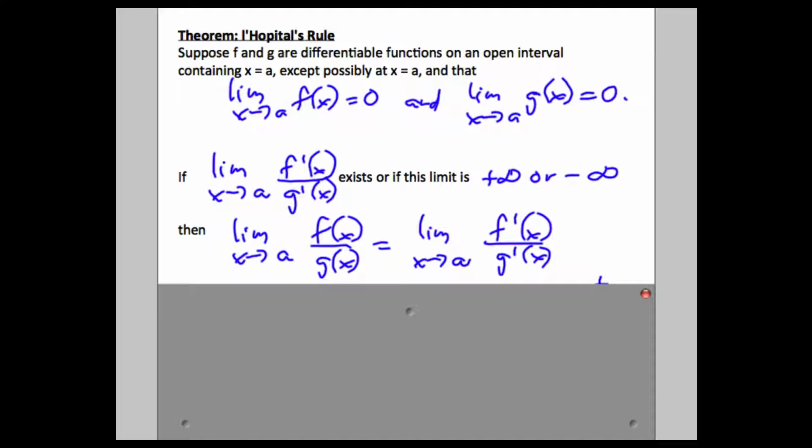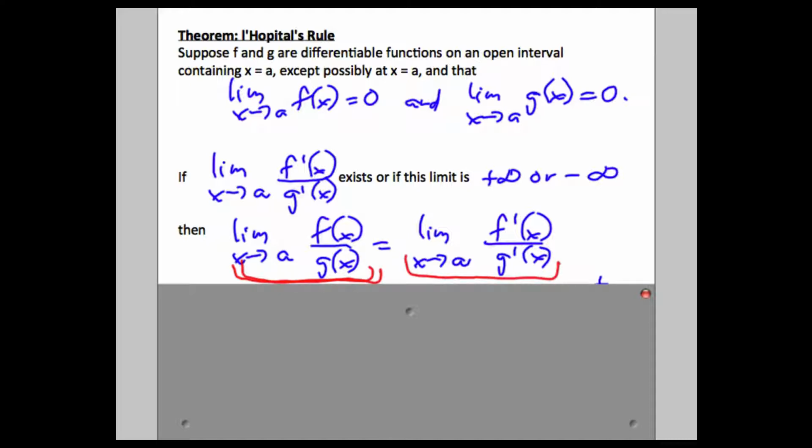So I've tried to give you a sense as to why L'Hopital's rule is the way it is. And what you see here is the fine print on what the theorem actually says. The proof is quite technical and beyond the scope of this course. Bottom line is, if you have an indeterminate form, 0 over 0, then this limit can be calculated by this limit.